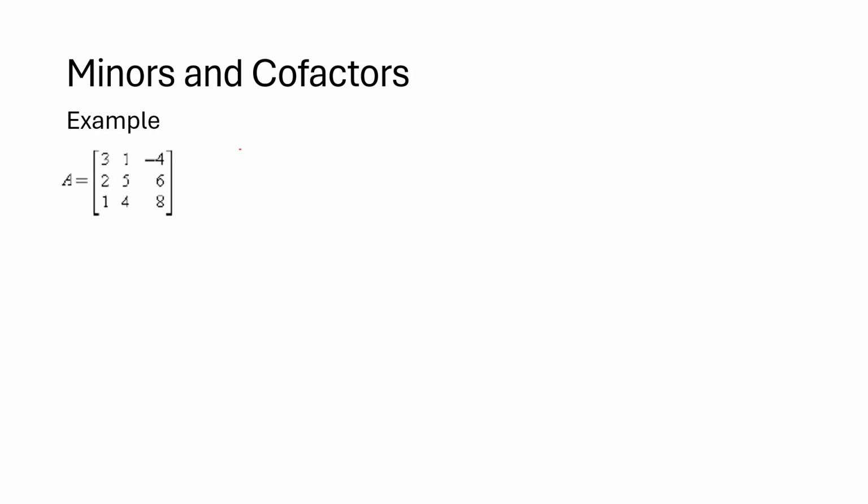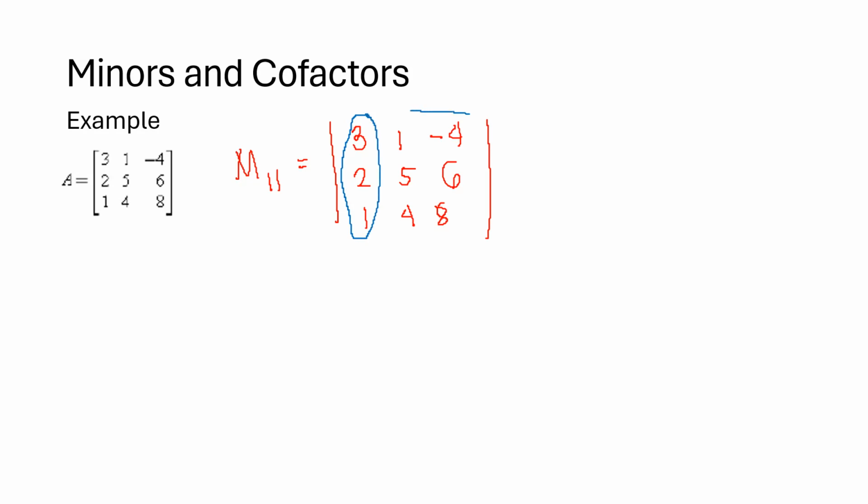Our minor M sub 1 1, take note that our matrix would be 3, 1, negative 4, then 2, 5, 6, and 1, 4, 8. Now, what we are going to do here is delete the row and the column where A sub 1 1 is located. So, in this case, we are going to delete this and delete this one.